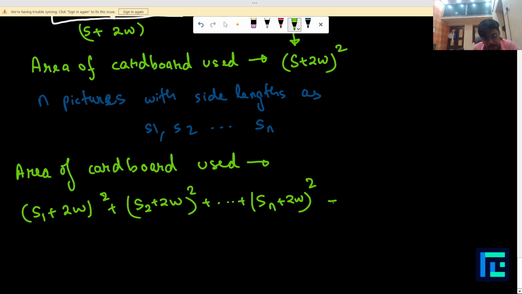And this is already given to you as C. And you know S1, S2 and Sn, and you only need to find this W, right?